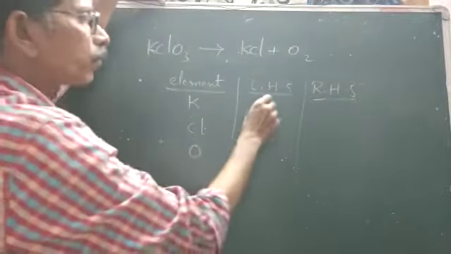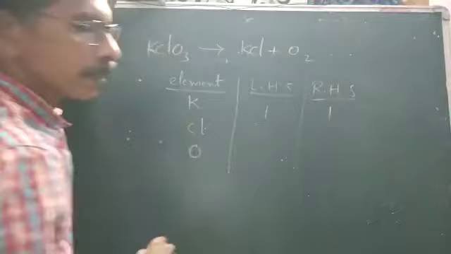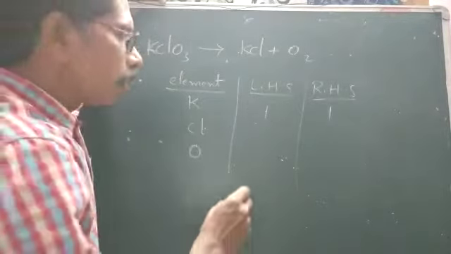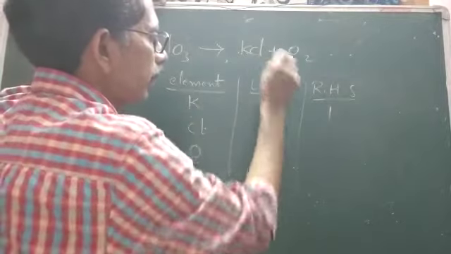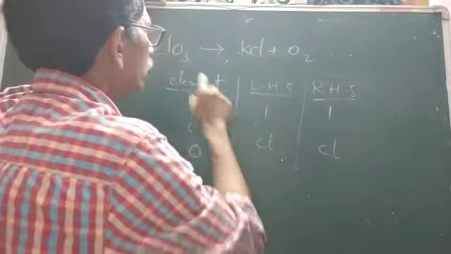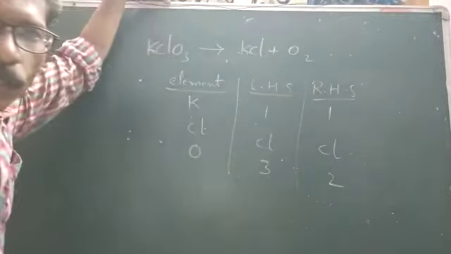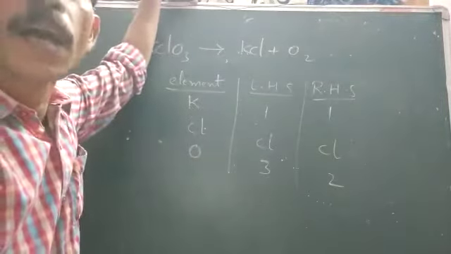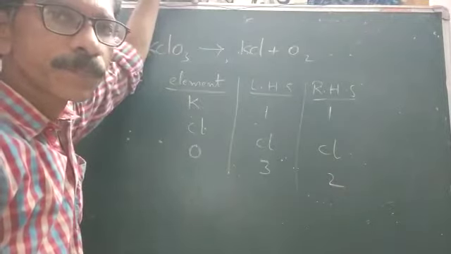Left hand side only one potassium atom, and right hand side also only one potassium atom. Now chlorine, left hand side 1 and right hand side also 1, but oxygen 3 and 2. So this one is an unbalanced equation.